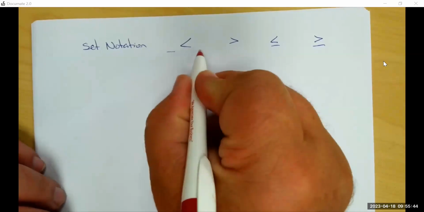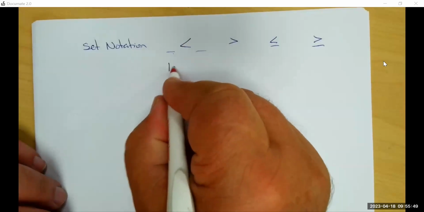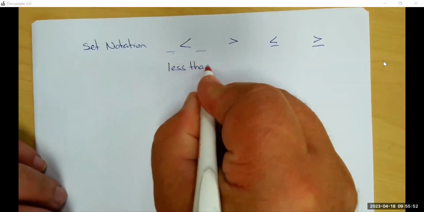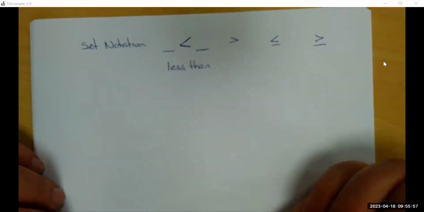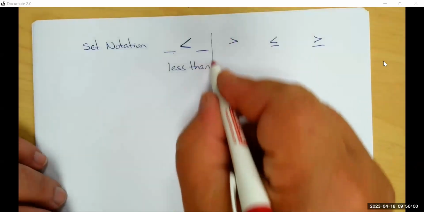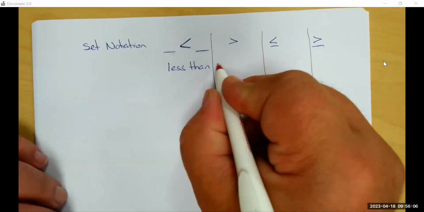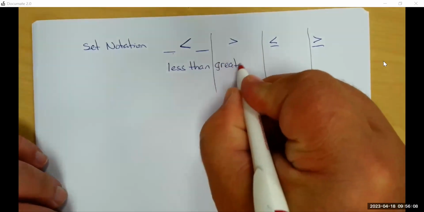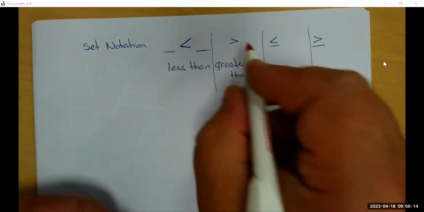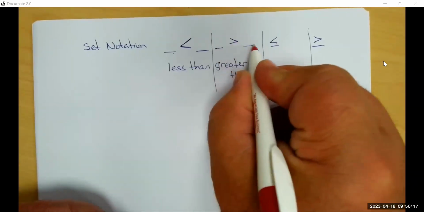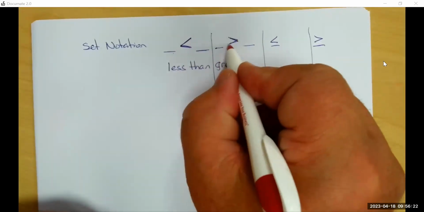So this number, it always points to the smaller one. So this is the less than symbol. This number is less than this number. So it means the next one is greater than. This number is greater than that number. So it points to the smaller, it opens up to the bigger.